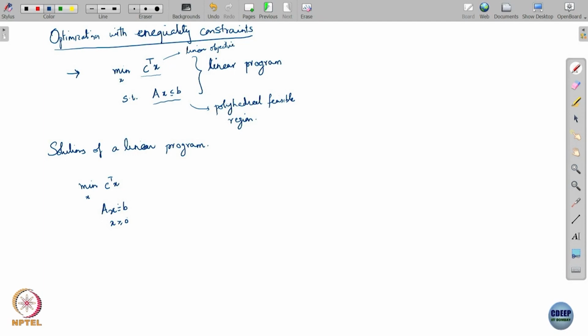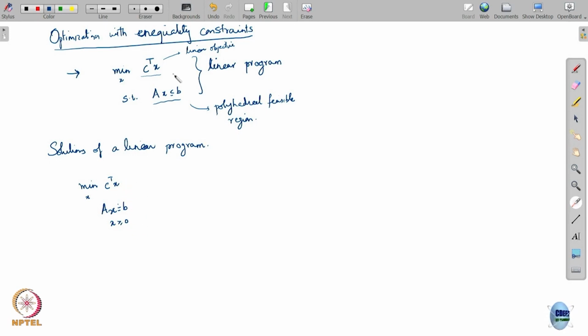How do I transform it from this to this? We would like to do some transformations that we had discussed earlier: introduce variables, change the type of constraints, etc.